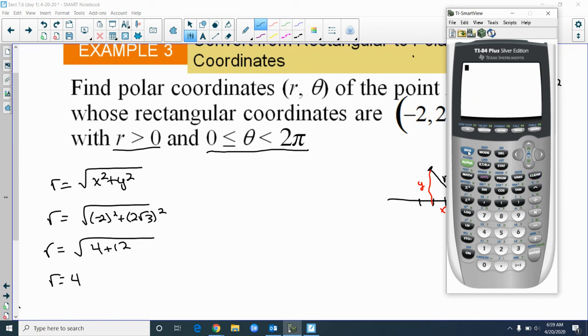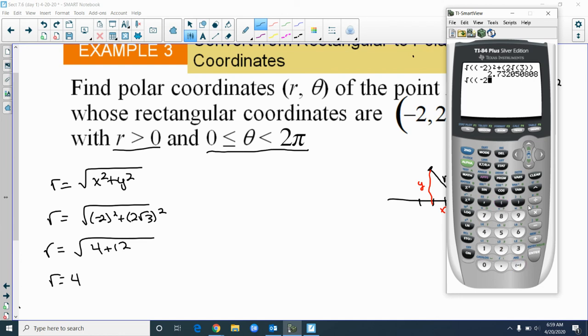Yes, you can type this straight into your calculator and it'll work as long as you don't mess it up. It's just dealing with parentheses and making sure you have them in the right spot. And obviously I did something wrong because I did not square the 2 square root of 3.